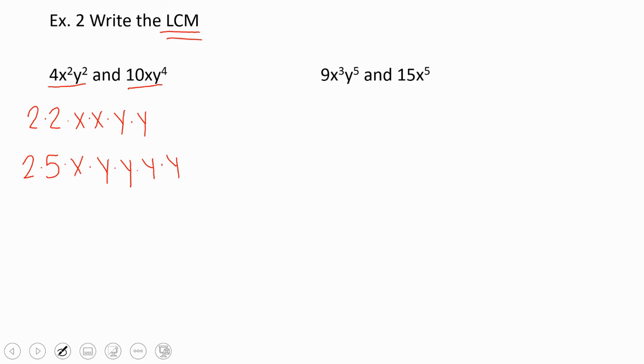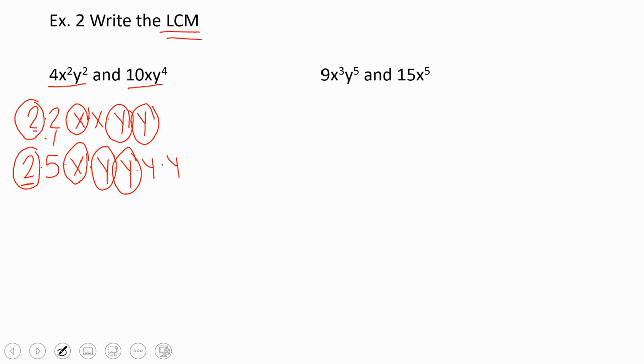Not terms, but factors. Okay, so we already have these in common, these in common, and these in common. All right, so if you look here, we need to move a 2 down here, and we move an x down here.